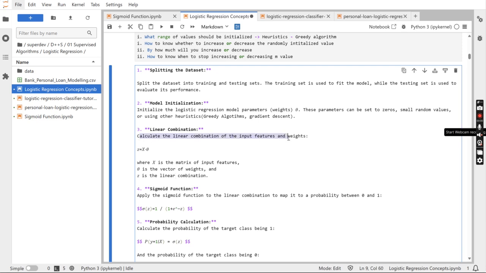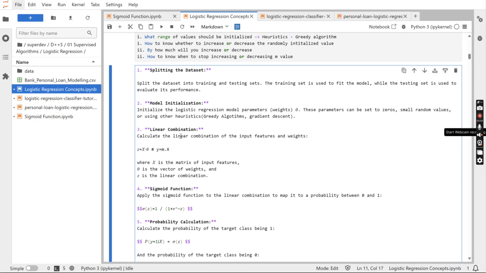In logistic regression, you have to find the y value. This equation is the same as y = m x. Theta is m, so don't get confused between the representations. Z = x into theta is the same as y = m into x. The y value is z and the theta value is the m value.